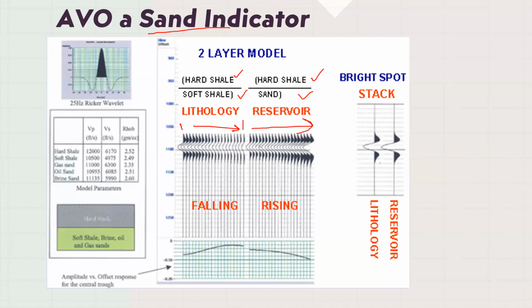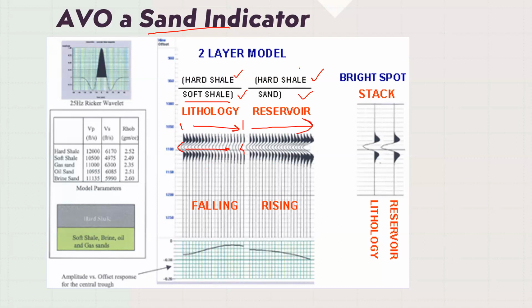If you look at this figure, at this angle you can see the high amplitude, then on this side there is a small amplitude. If you go this way, your amplitude is decreasing. That is the case of hard shale over soft shale.